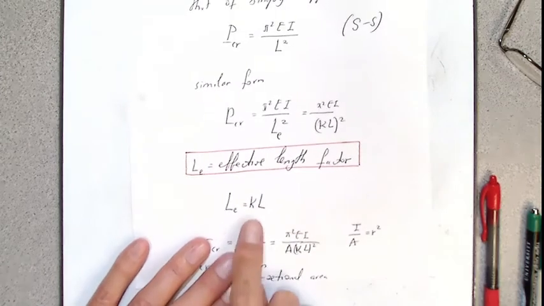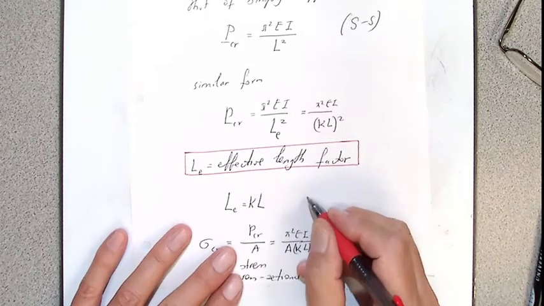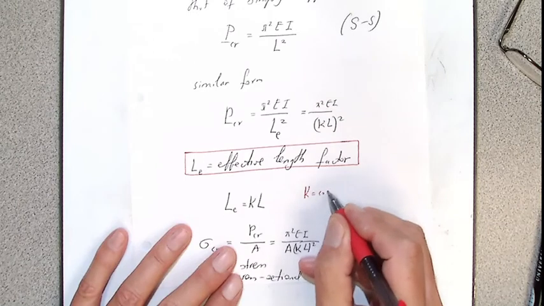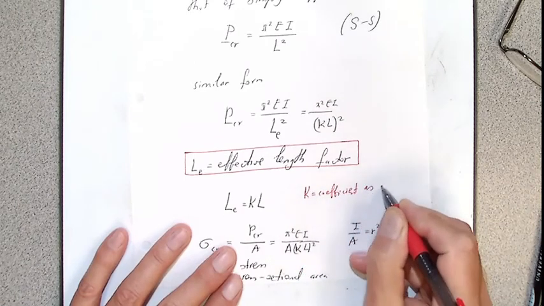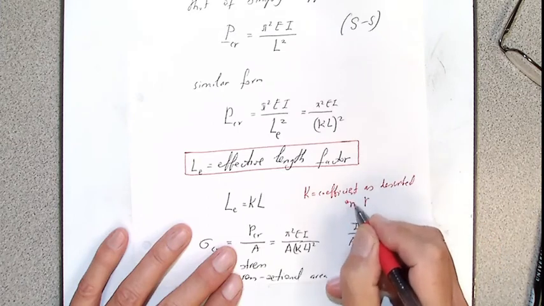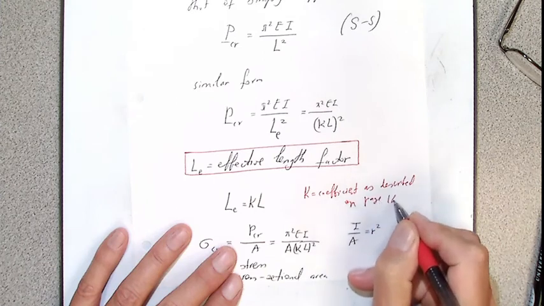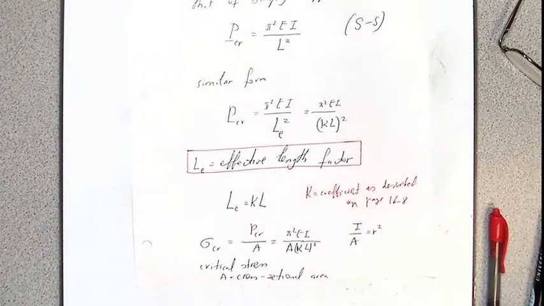L effective equals K times L. That is, this K is some coefficient as described on page, I think, 16.8.